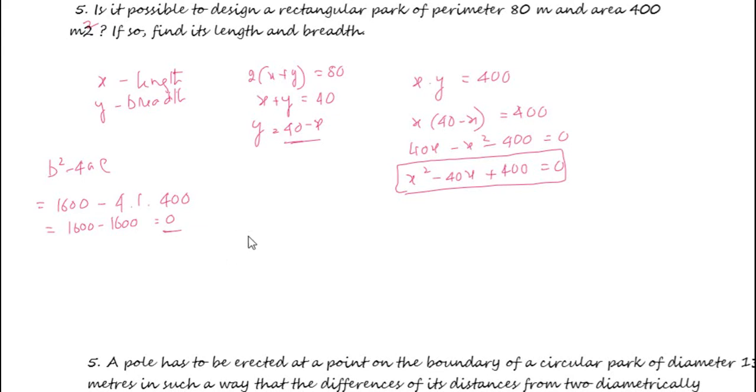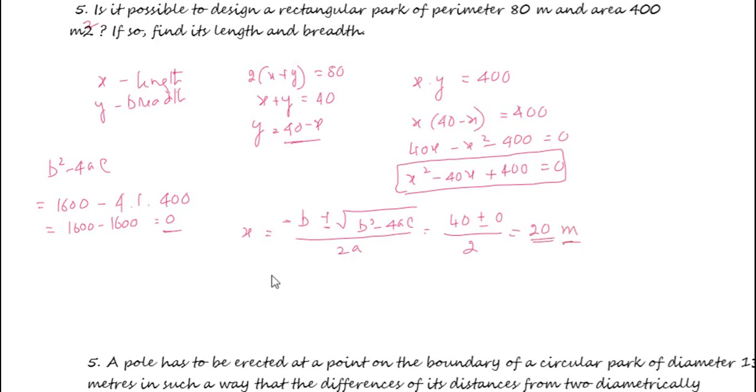Let us find the roots. X equal to minus b plus or minus square root of b square minus 4ac divided by 2a. Minus b is equal to 40, plus or minus square root of b square minus 4ac which is 0, divided by 2 into a is 1. So the value is 20 meter.